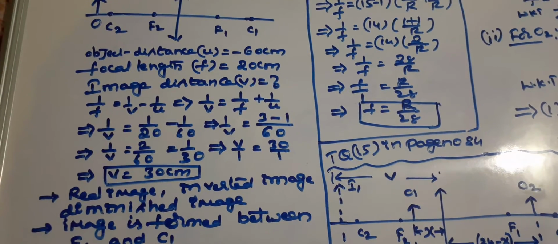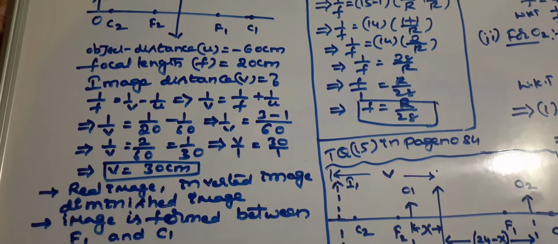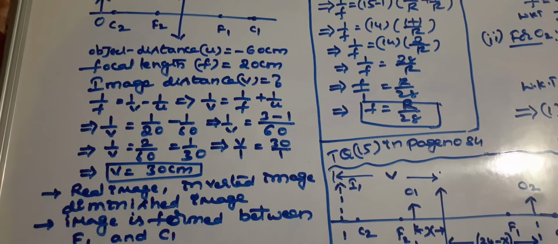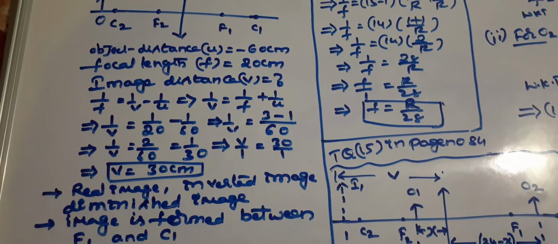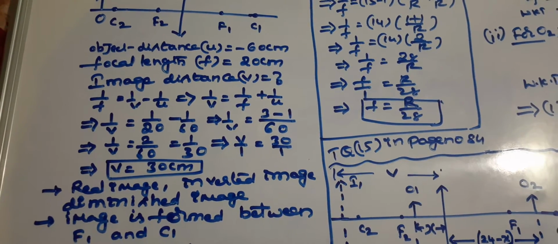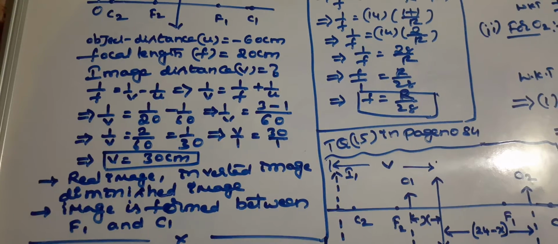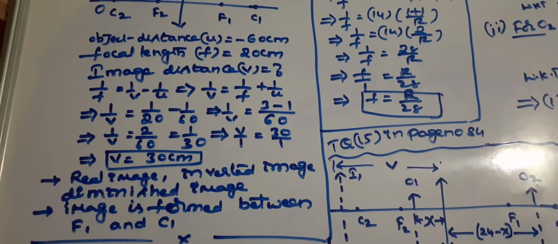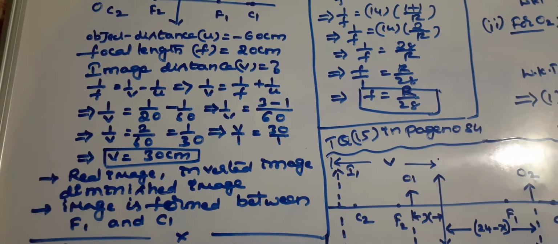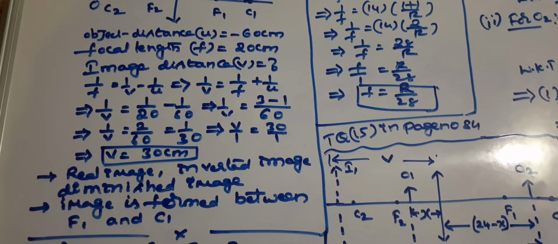So we know the lens formula 1 by f is equals to 1 by v minus 1 by u. We want to find v, that implies 1 by v equal to 1 by f plus 1 by u. Now substituting the values of f and u, that is 1 by v equal to 1 by 20.